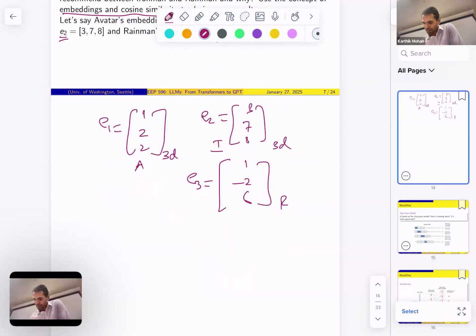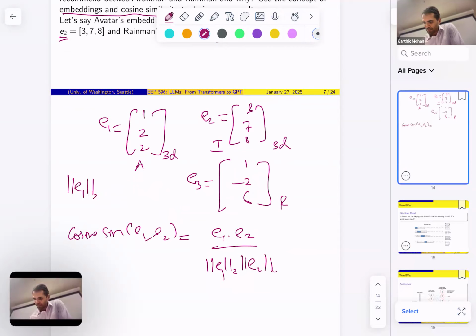So the cosine similarity between E1, E2 is E1 dot E2 divided by the norms of E1 and E2, right? I think it's good to compute the norm first. The value for E1 is 1 plus 4 plus 4. This is the norm of E1, so that's square root 17.